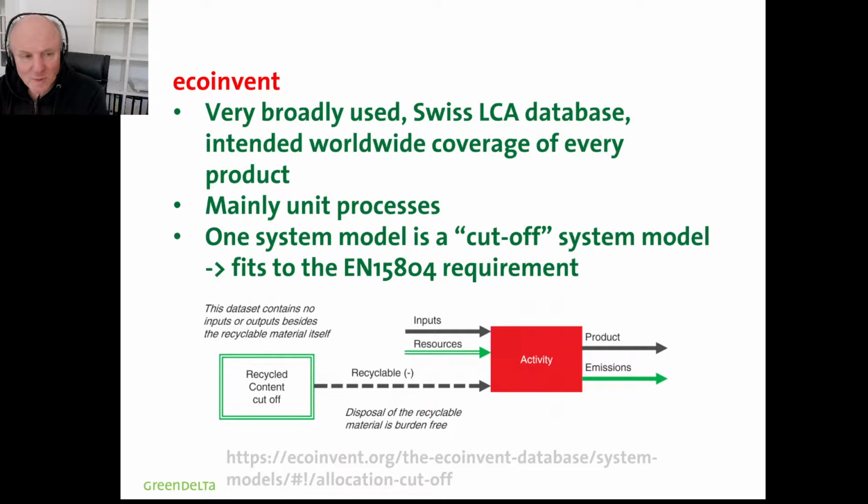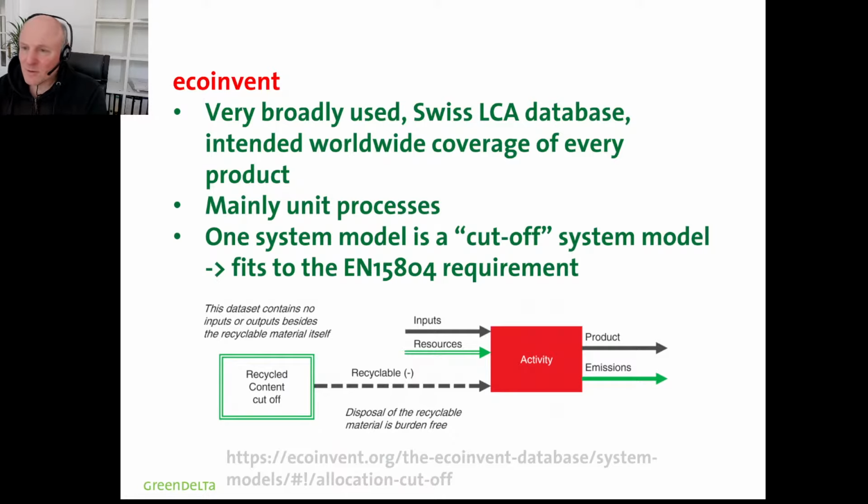Also here, I don't want to make marketing, and there are several LCA databases, of course, but Ecoinvent is really very broadly used, originally from Switzerland, but the idea is to provide worldwide coverage of processes and products, ideally every product, but that's of course more a wish, and it's not fully achieved, but it's really quite complete, reviewed, and one important benefit is, I think, that the database consists mainly of unit processes, meaning small modeling units that you can really transparently see and also change if needed.